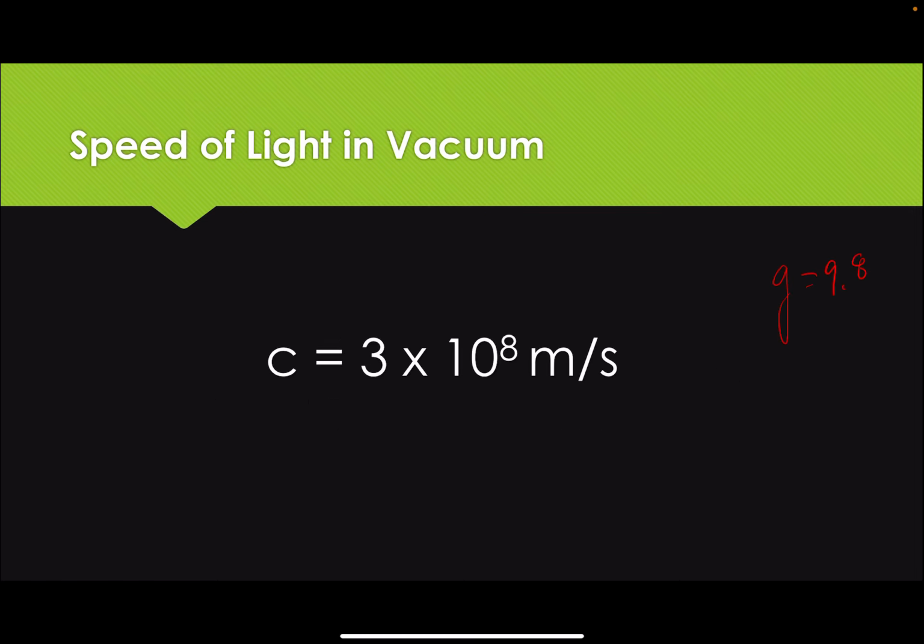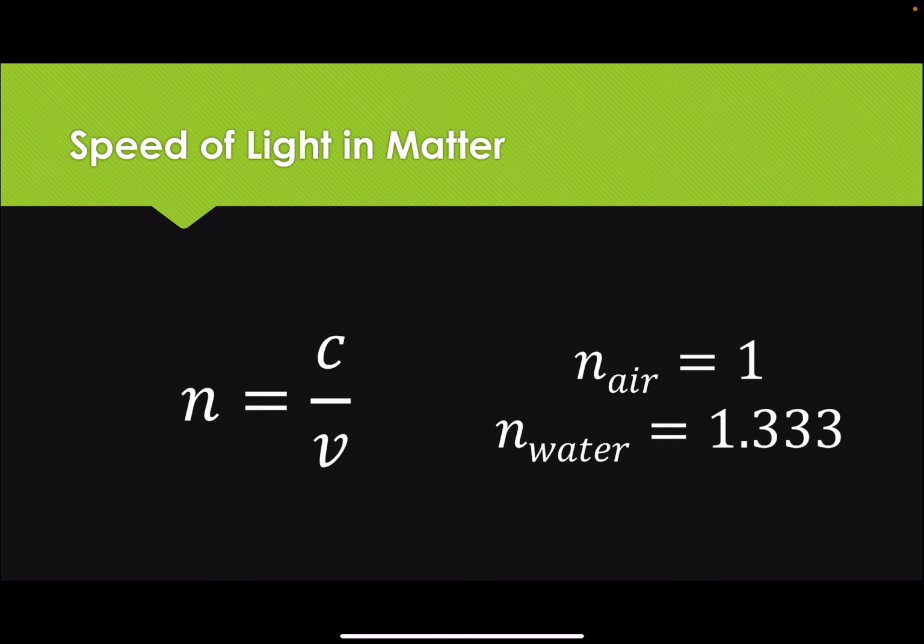But that's in a vacuum. So that's the fastest it can move. But if we go into matter, light is going to slow down, and its change in velocity, we want to give it a special name. So we have something called the index of refraction.